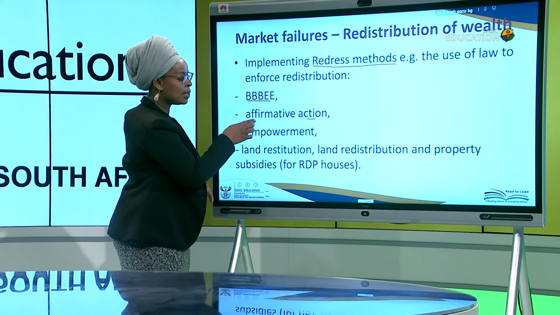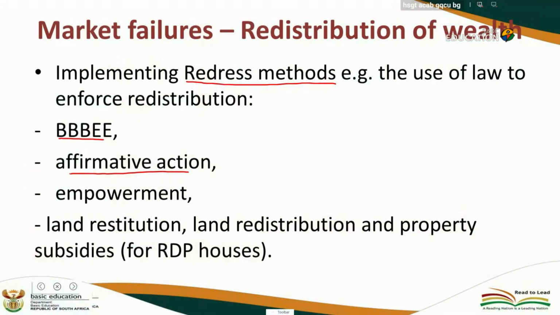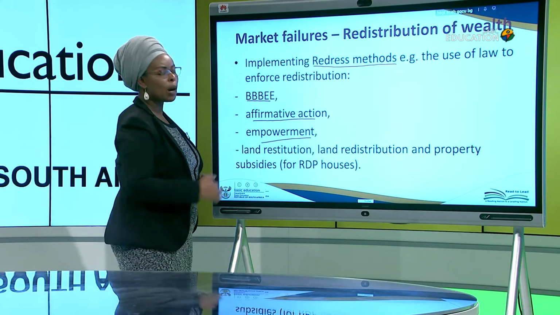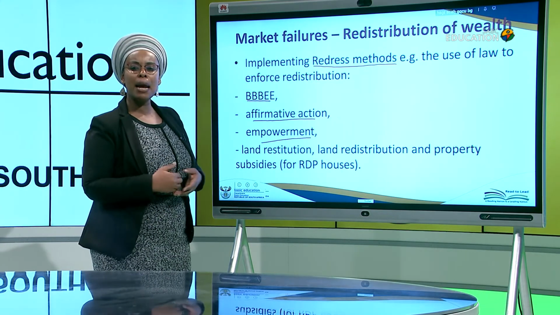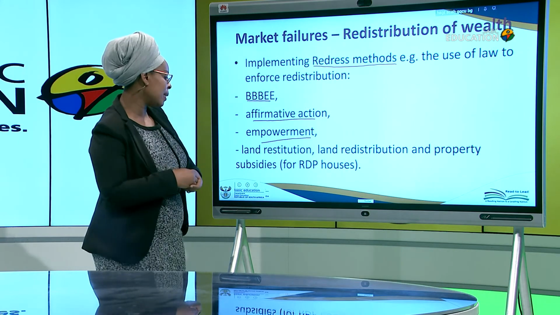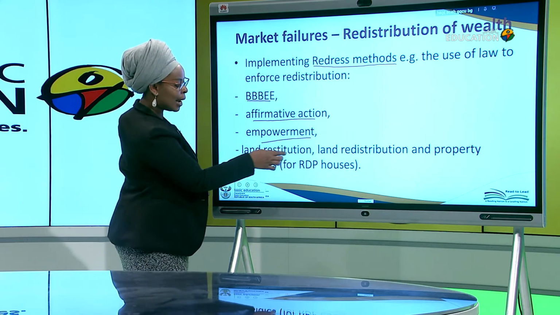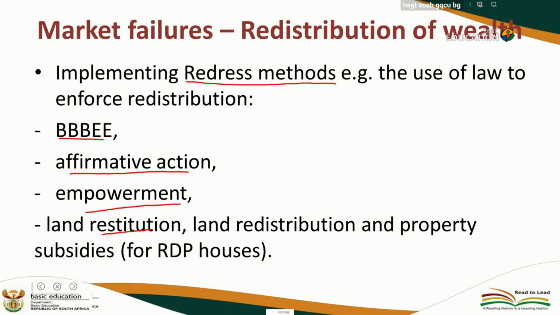Government can use affirmative action so that there is equality in jobs when it comes to gender and racial groups. Youth are empowered through learnerships. Women are empowered to be more involved in businesses. Government can also use land restitution, land redistribution, and property subsidies where people receive RDP houses.